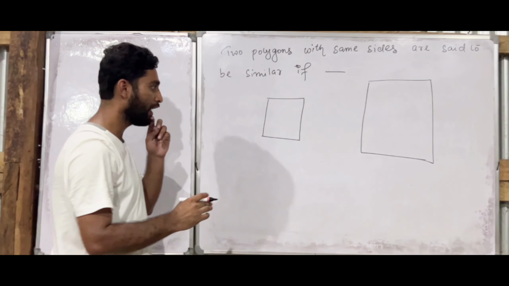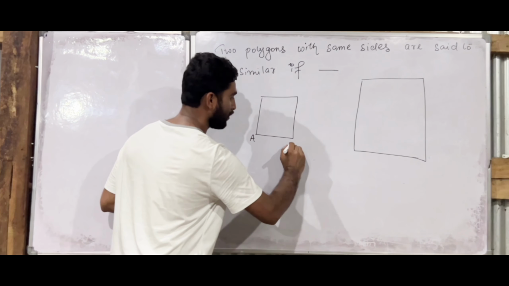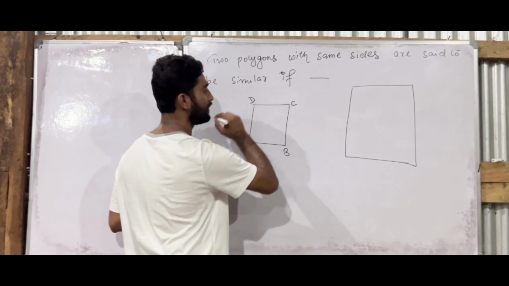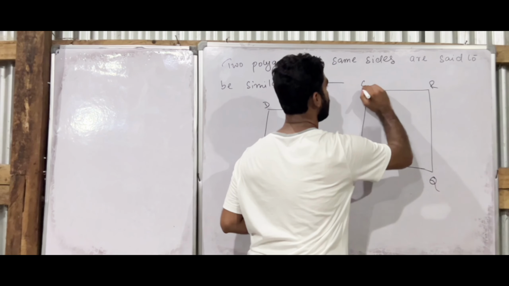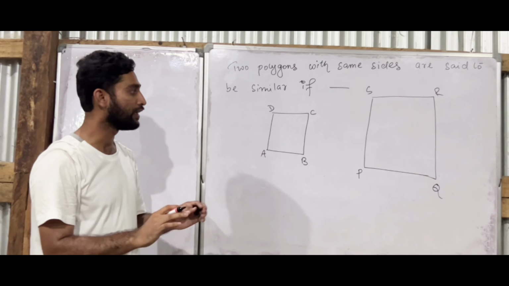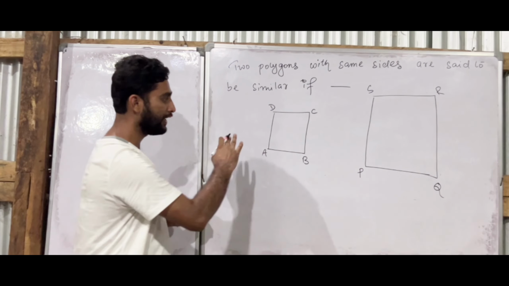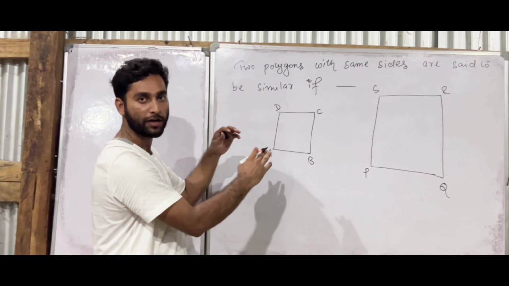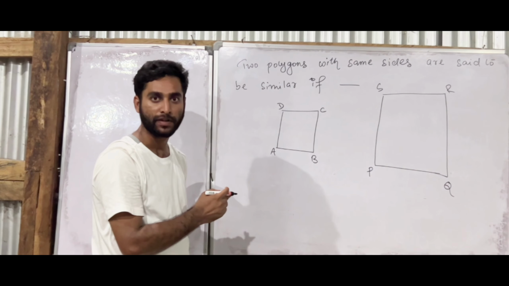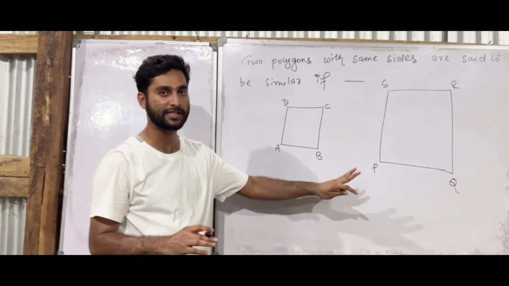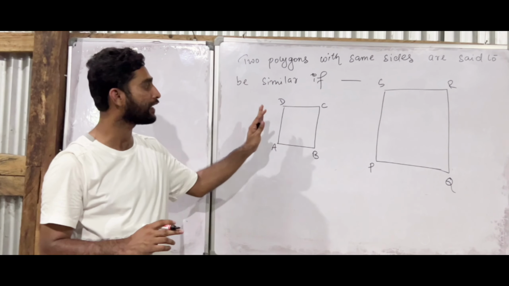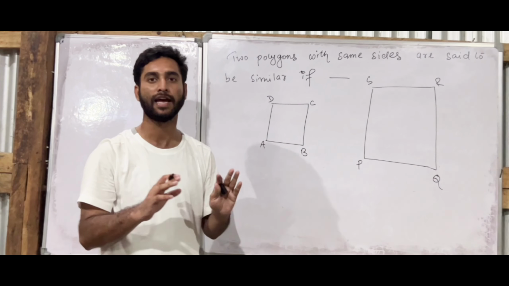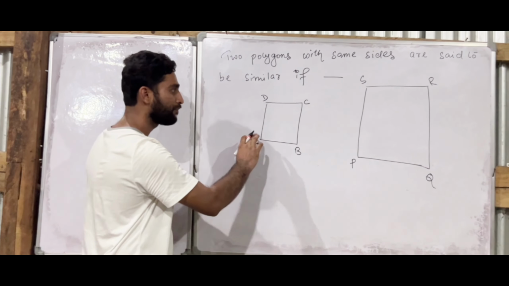Now, let's suppose this polygon's name is ABCD and this polygon's name is PQRS. In the case of two polygons, if their corresponding angles are equal, then one more condition has to be satisfied: the ratio of their corresponding sides has to be the same.